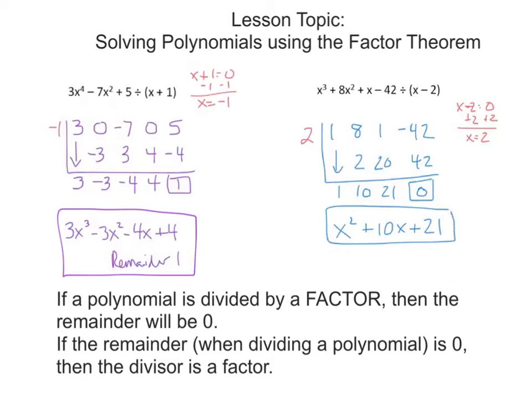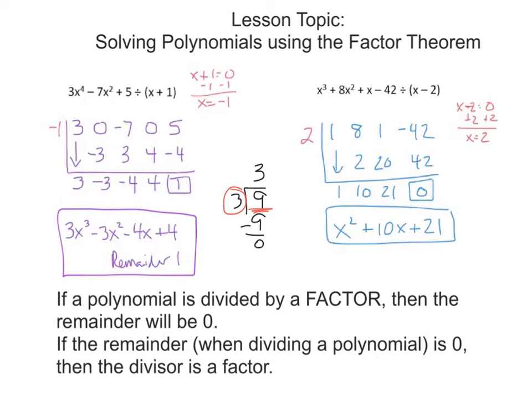Now, if you think back to division when you were younger, if we had 9 and we were going to divide by 3, we would get 3, and we do 3 times 3 is 9, and we would subtract and get 0. Therefore we knew that this 3 that we divided by is actually a factor of 9 because it divided into it exactly with no remainder.